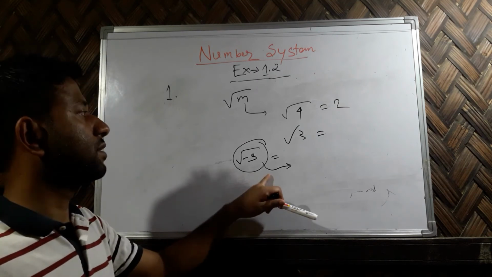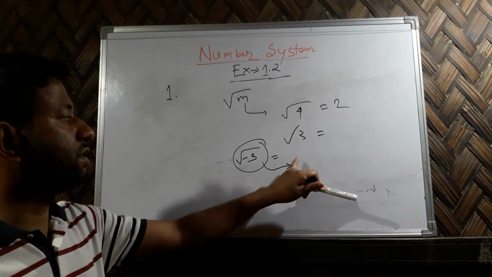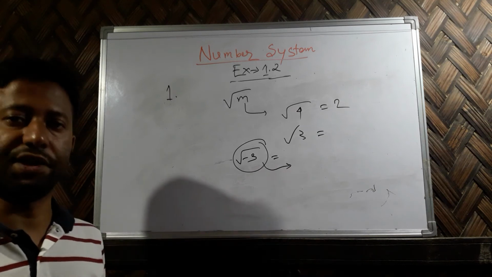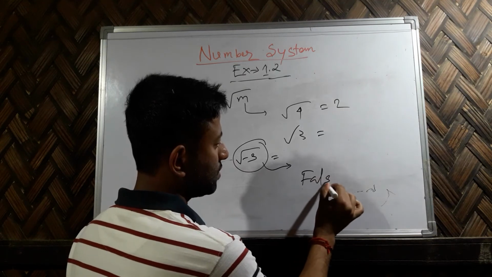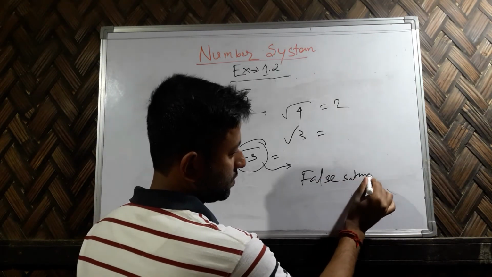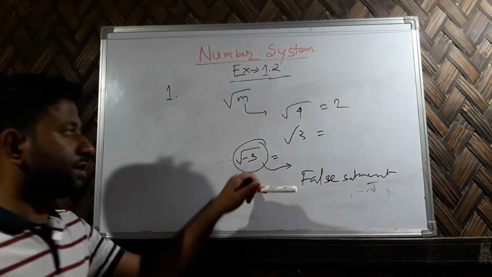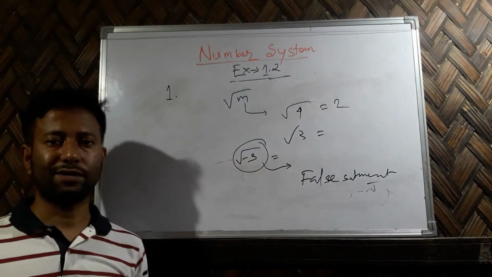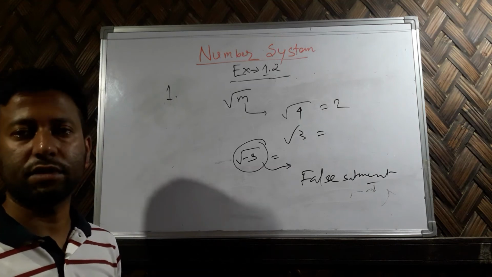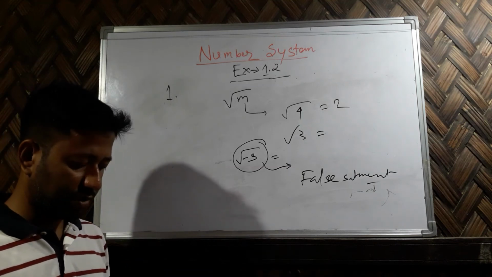So I can say it is not possible that every root m number should be a real number. So I can say this is a false statement. If it is positive, then it is okay, but if I take any negative root, then it is never possible, so it never becomes a real number.